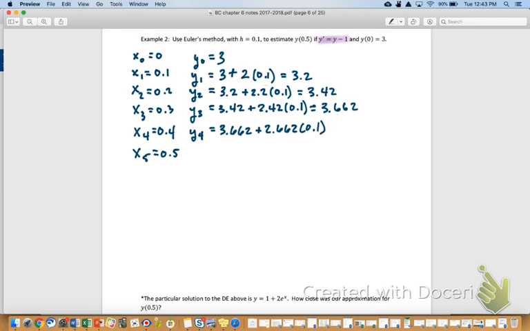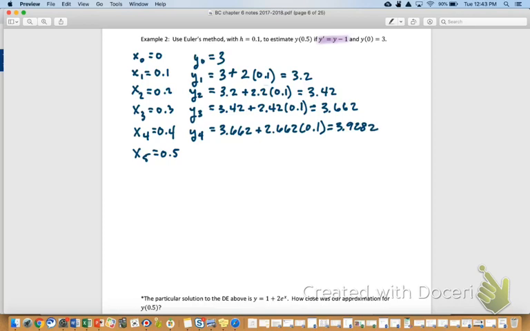So again, y4 equals the previous y coordinate plus the slope based on the previous point times the step size of 0.1. Oh goodness, this is going to get tougher. Anybody do this one yet? I don't feel like trying to. 3.9282. I knew there was going to be a carryover with the addition and didn't feel like doing that.